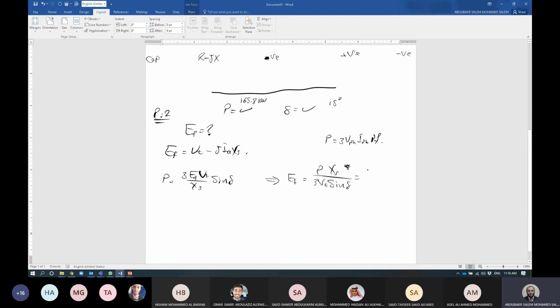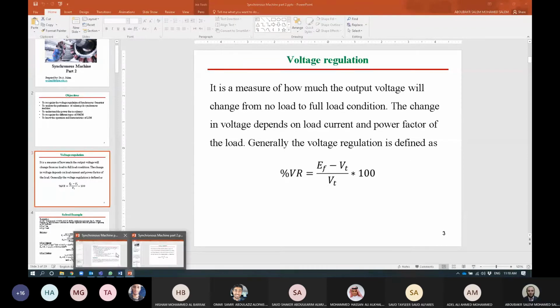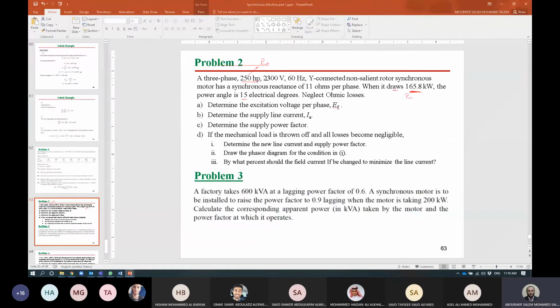Let's substitute together. P equals 165.8 multiplied by 10 to the power 3, multiplied by XS, which was given as 11 ohm, over 3 V terminal sine delta. V terminal was given as 2300.